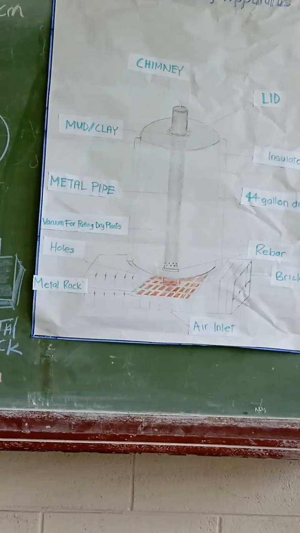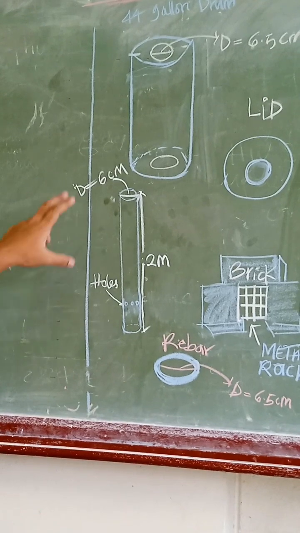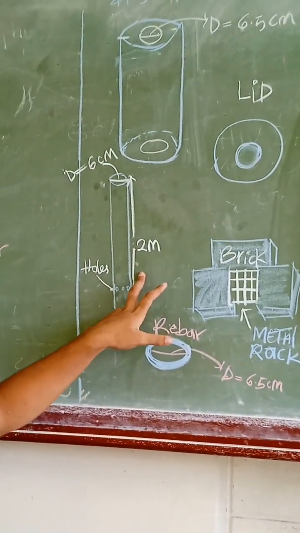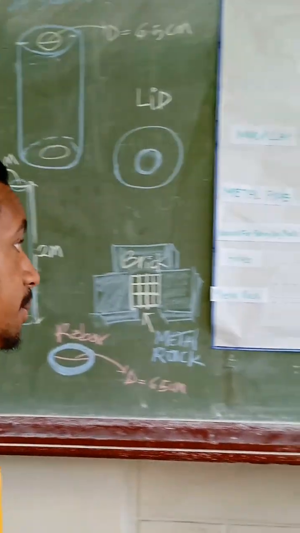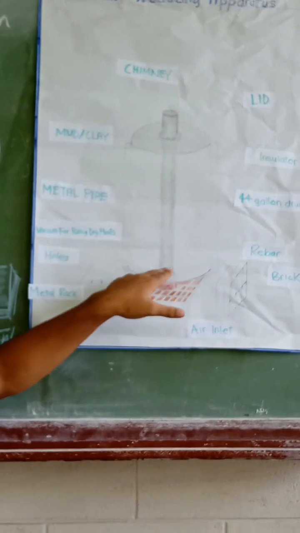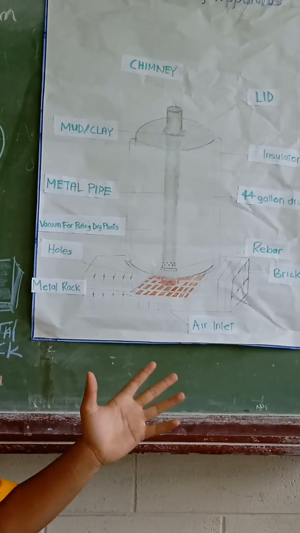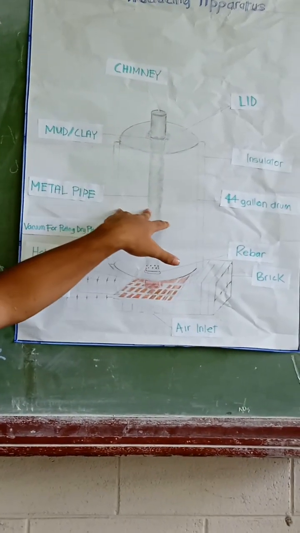The metal pipe is about 6 centimeters in diameter and about 2 meters in length. About 12 holes are drilled into the bottom here just to dissipate the heat that is channeled through the pipe into the chamber, the chamber drum.